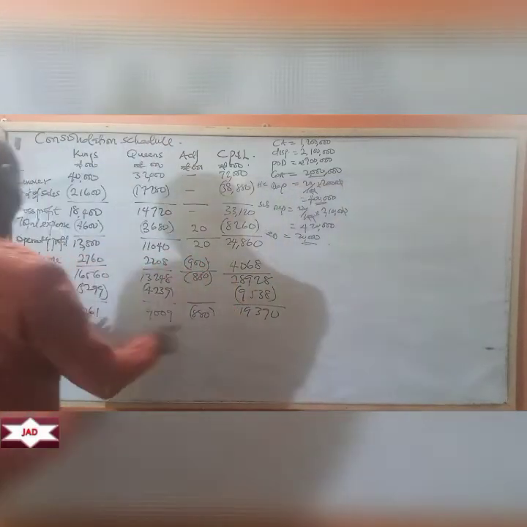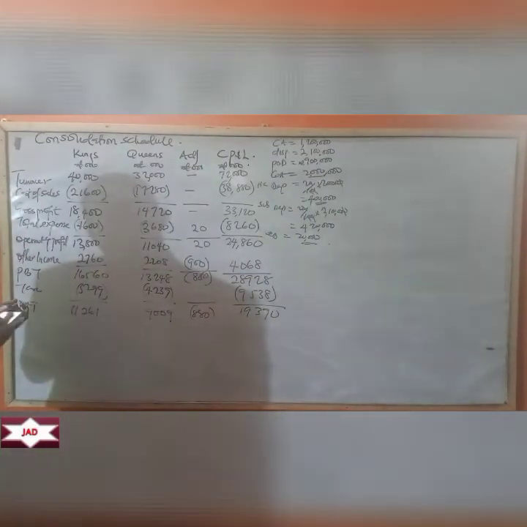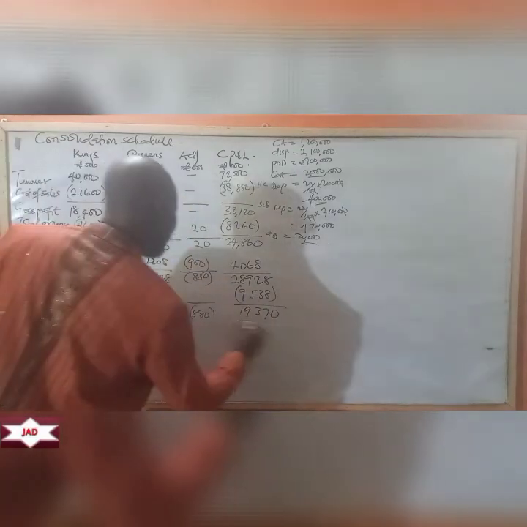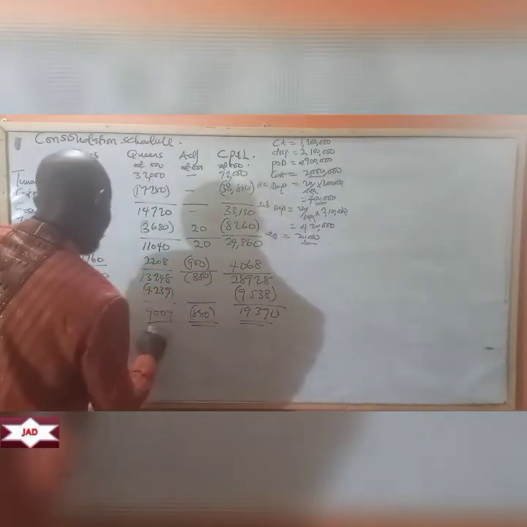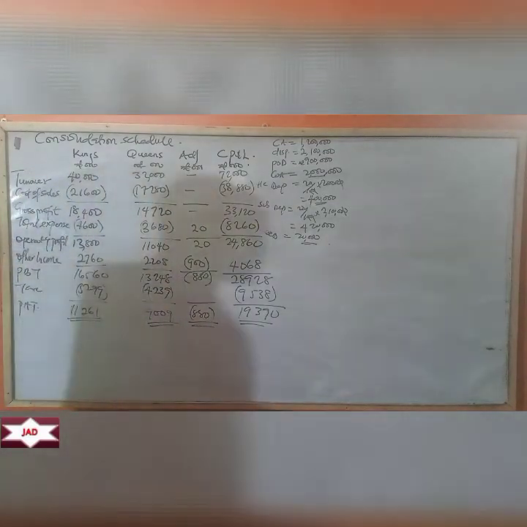So when we test this, what do we have? 11,261 plus 9,009 minus 880, 19,390. So this is profit after tax. Okay.